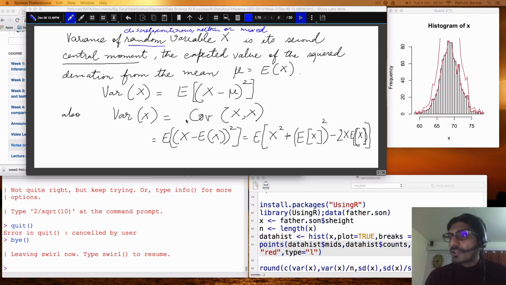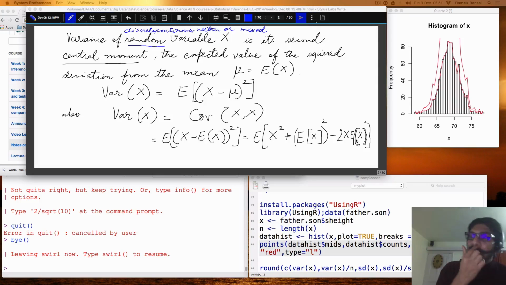Now expected value follows linearity, which means the expected value of a plus b is equal to the expected value of a plus the expected value of b. Because of that, the expected value of all of this is nothing but the expected value of x squared plus expected value of x the whole square minus 2 into x into expected value of x.